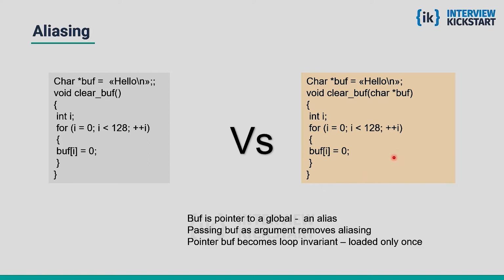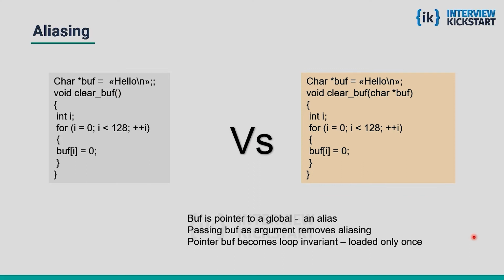Passing the address of the buffer as an argument, this is the second version. Instead of using the global variable, we remove the aliasing. The compiler can have difficulty with this kind of code, so to avoid that, it is better to be explicit.